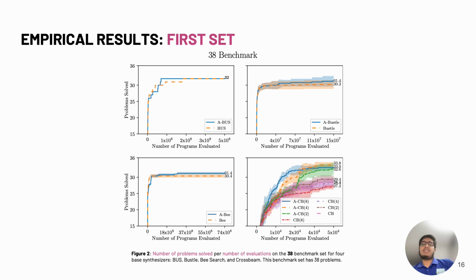In the 38 benchmark, improvements are better compared to the SyGuS benchmark. Here, the augmentation approach, ALIL, is never bad and sometimes superior, as you can see from the figures.